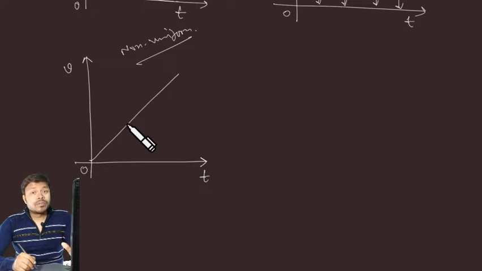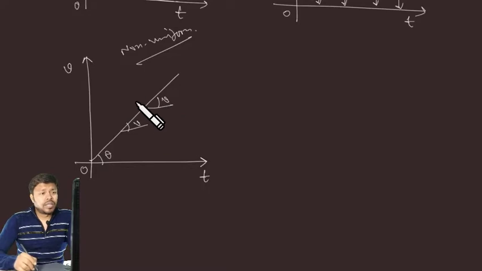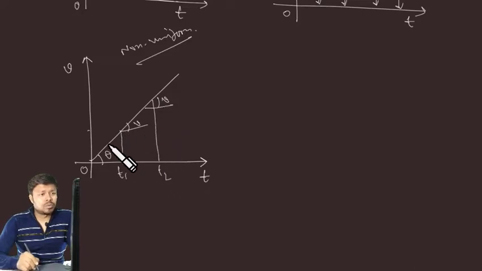Now what can you say from the slope of this graph? Slope means what? As I told you, the angle theta, and the angle remains same here, right? In this case, slope is what? Let's say there are two times, t1 and t2. At t1 the velocity of the body was v1, and at t2 the velocity of the body was v2.